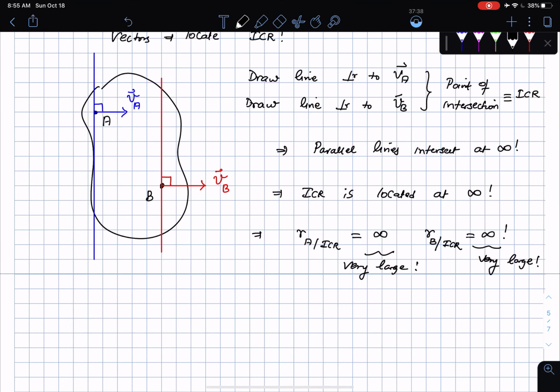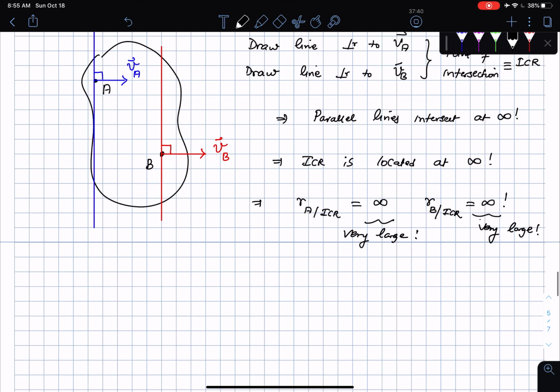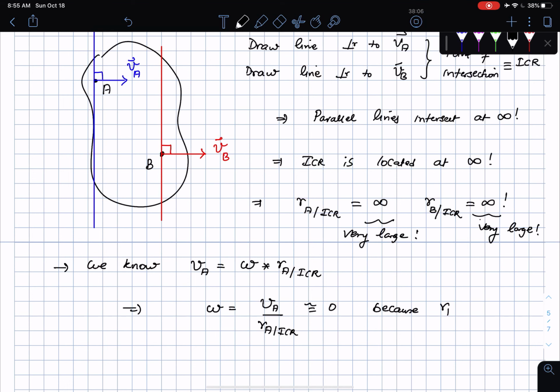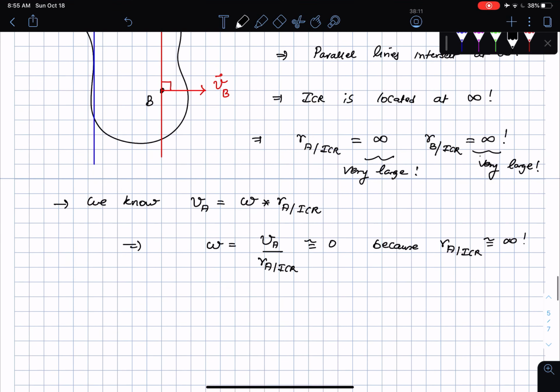What is the ramification of this? We also know that the velocity of A has to be omega of the body multiplied by r to the ICR. The velocity of A is a finite quantity, which means that omega of the body is the velocity of A divided by r from A to the ICR, which is approximately infinite, so omega is approximately 0. This essentially tells me that this rigid body is in pure translation.